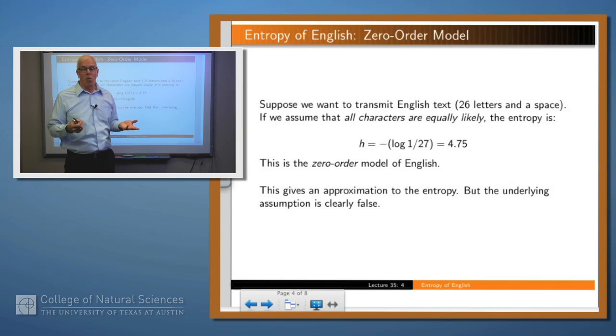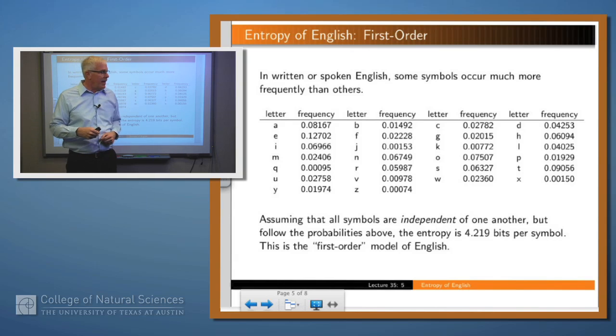This is called the zero-order model of English, and you can apply a zero-order model to any language. The underlying assumption here, that all symbols are equally likely, is clearly false. So let's go to the first-order model. The first-order model says we're going to look at the likelihood of various letters within the English language, and here's a chart which gives those for average text in English. You'll see, for example, that E has a probability of almost 13%.